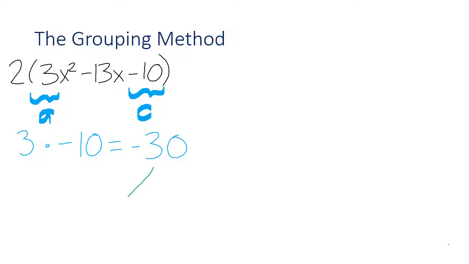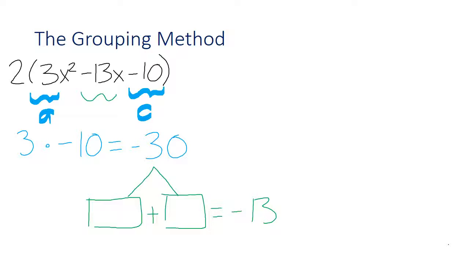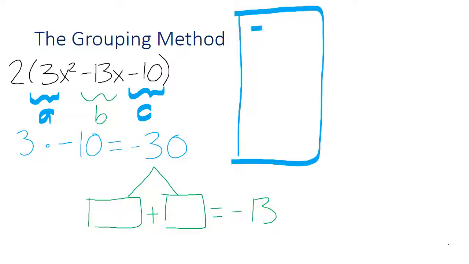Now we need to find two numbers whose product is negative 30, but once we add these two numbers, the sum will be equal to negative 13, which is the B value. So now let's find the factors for negative 30.